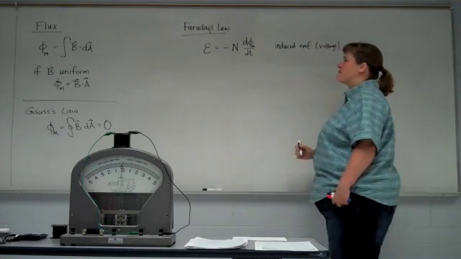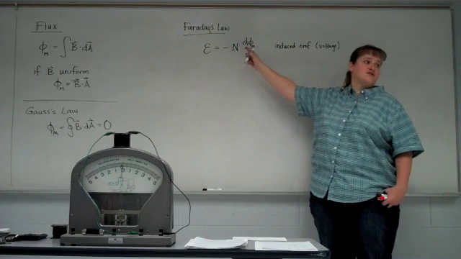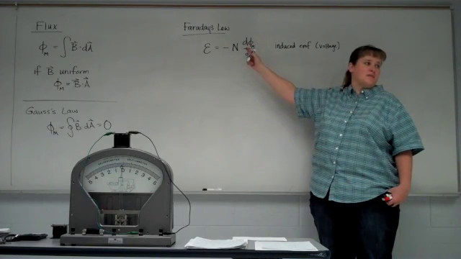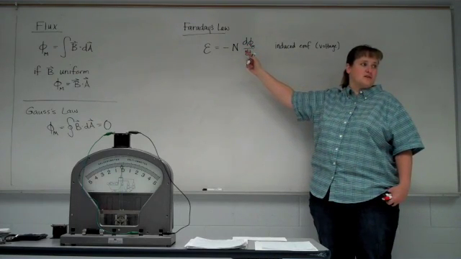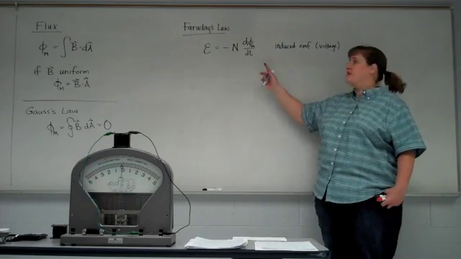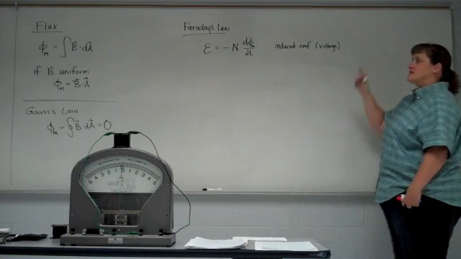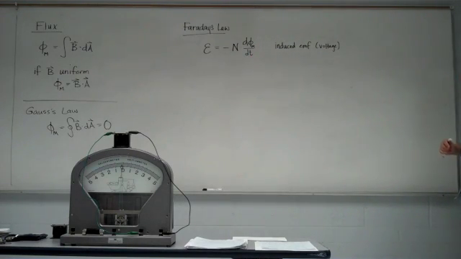So where's the speed? It's within the derivative. A derivative of anything with respect to time implies a speed of some sort. Not v as in speed in meters per second, but it's a rate. It's how fast things are happening. So it's within that derivative itself.